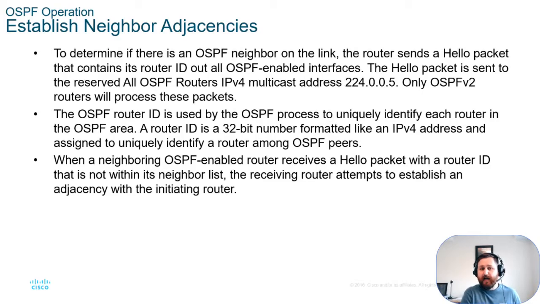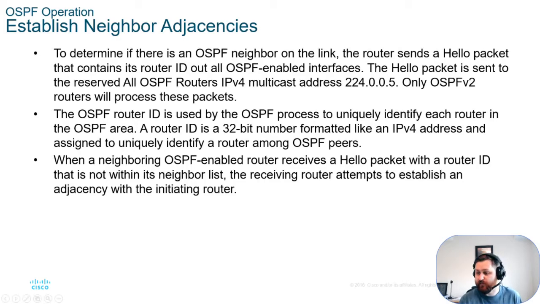It will check that because a loopback interface starts in an up and up state and won't typically actually go down unless you manually turn it off. So it's the next best thing besides manually setting it. If that's not set, then the next thing it will do is pick the highest IP address on an up and up interface specifically, and that IP address becomes its router ID.